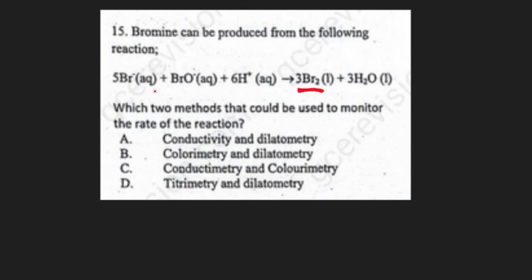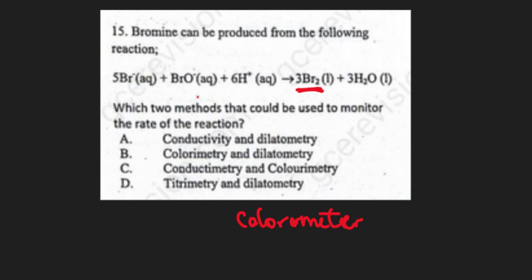It tells me that as the bromine is being produced, I expect to see a reddish brown color appear in the course of the reaction. Therefore, as a color is being produced, there is going to be a change in color intensity. So I can use a colorimeter to measure the change in color intensity of the bromine that is produced.